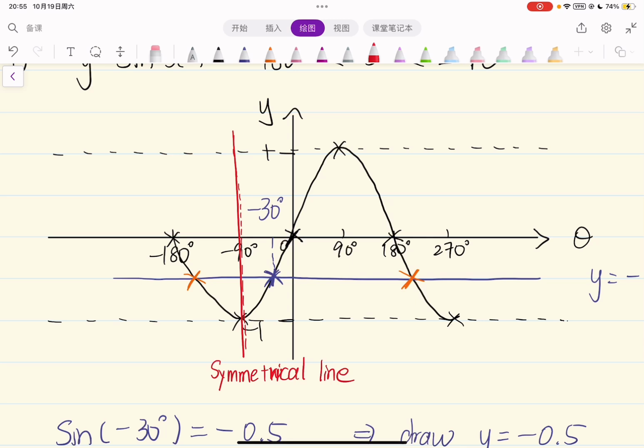Right? Just between negative 180 degrees and 0, the curve is symmetric.